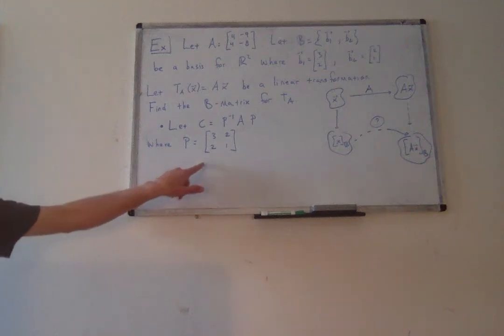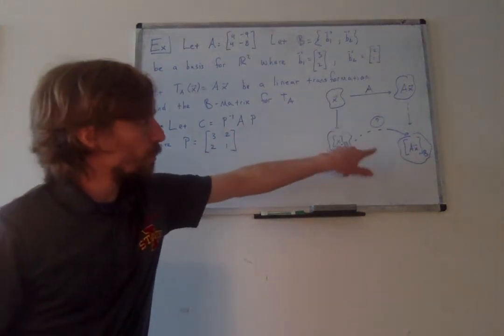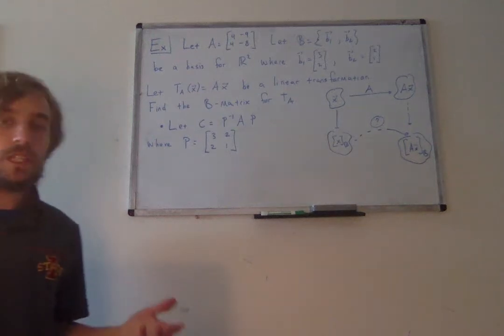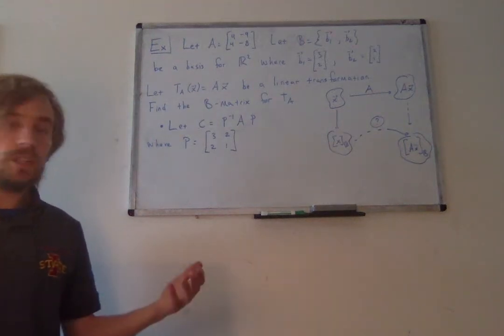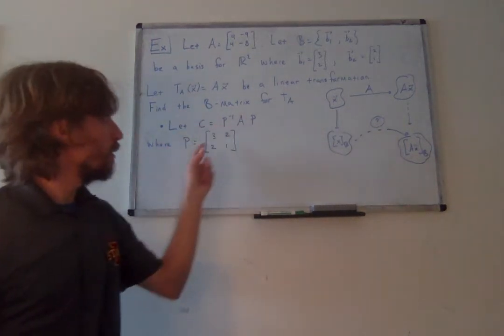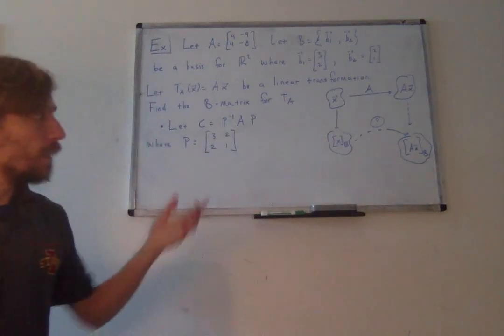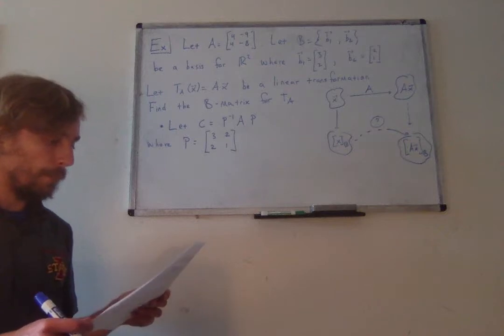Then this transformation is defined by the columns of this matrix performing the similarity transformation. And what we already know is that this matrix C, which is similar to A under this matrix P, is going to be the B matrix for T.